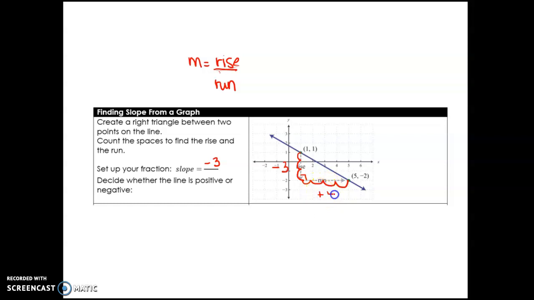Since I'm going right, that's a positive 4. Okay, you can also set up your fraction and then decide, okay, if Slope Dude is skiing down this hill, he's going down, so we know it has to be negative, and that is also a great way to double check your answer.